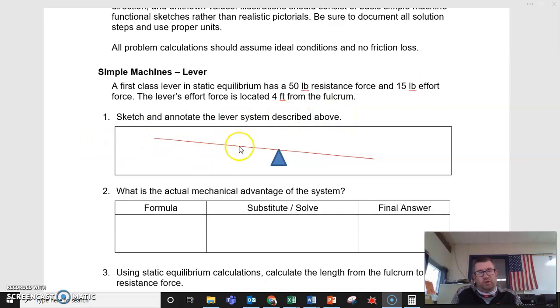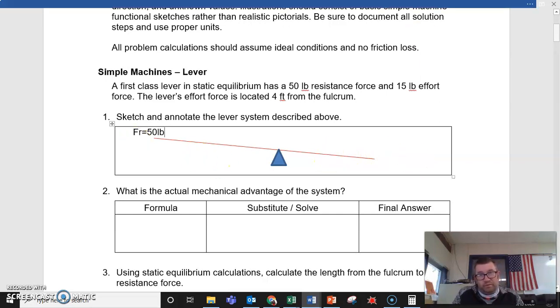So I went ahead and put in a lever, with my fulcrum, and the two things attached to either side of it. We're going to put in our effort and resistance forces as well as our distances. The first thing that we're given here is FR, which is 50 pounds.